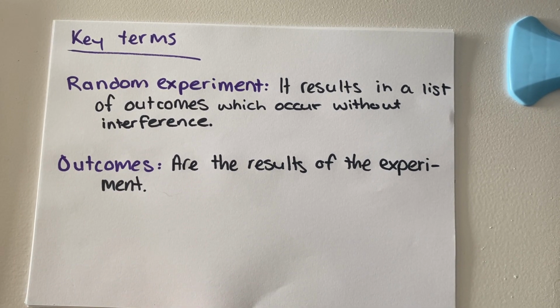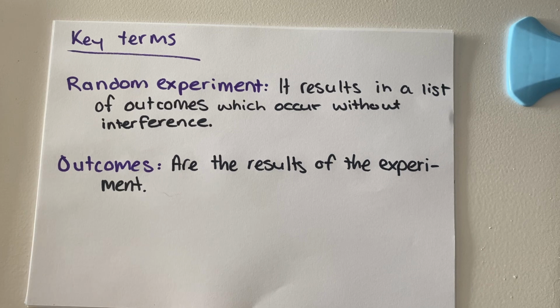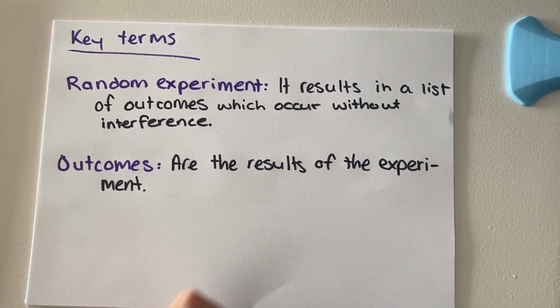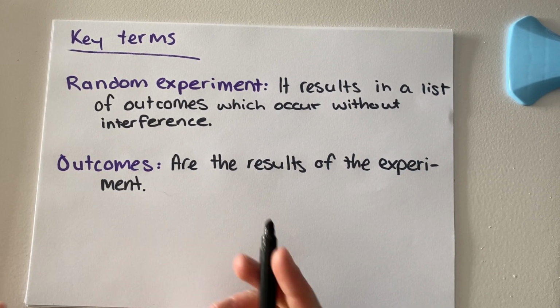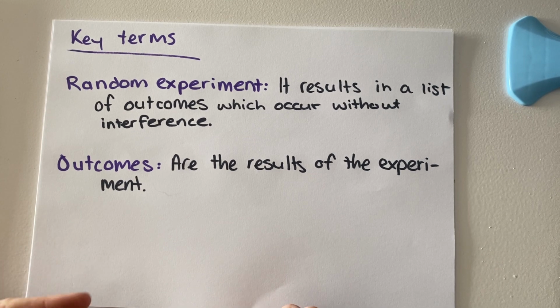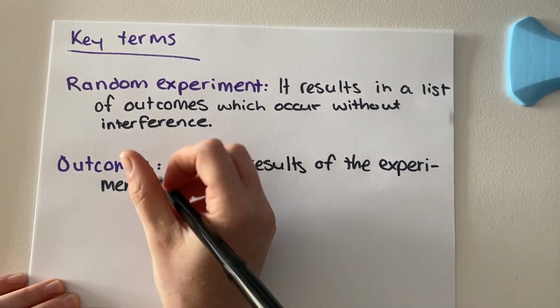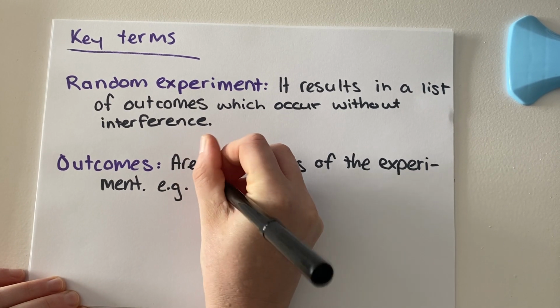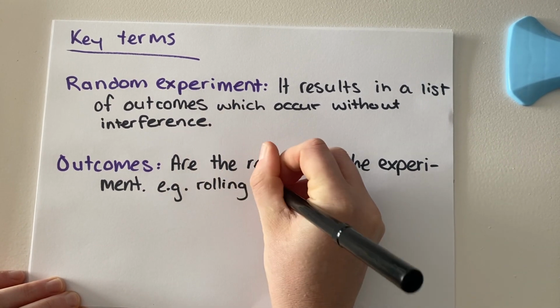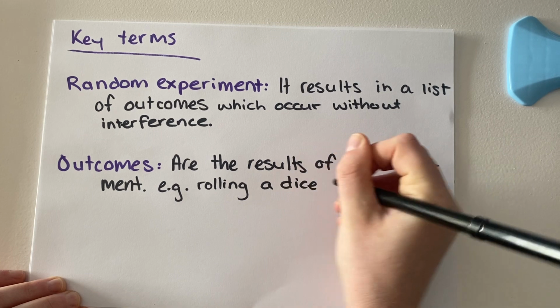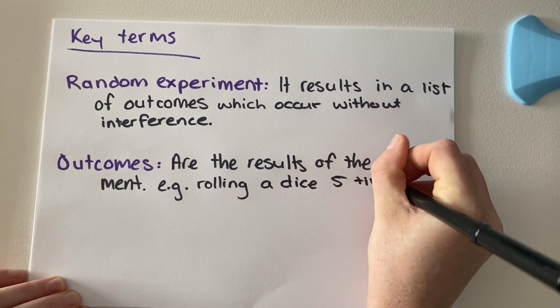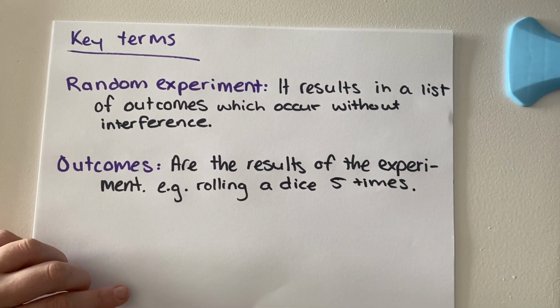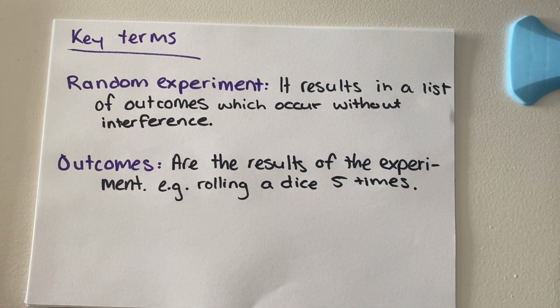We'll discuss what those are, but outcomes are, all right, if we flip the coin 10 times, what do we get for each flip? So this could be rolling the dice 5 times, and we just record what happens with each number.